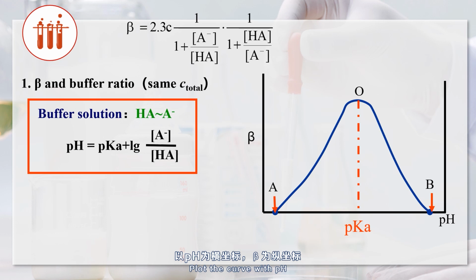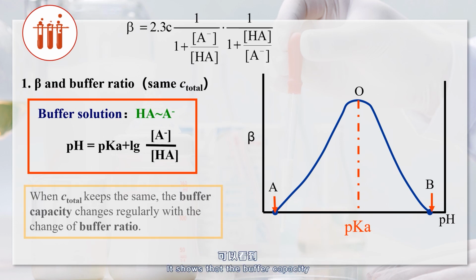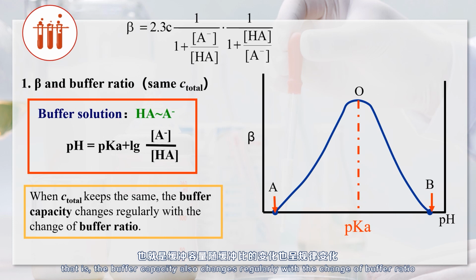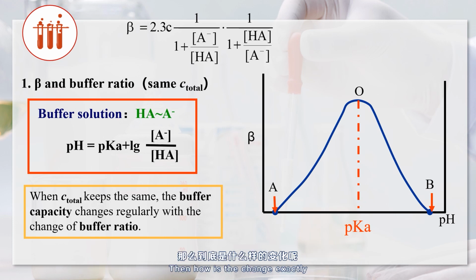Plot the curve with pH as abscissa and beta as ordinate. It shows that the buffer capacity changes regularly with the change of pH. That is, the buffer capacity also changes regularly with the change of buffer ratio. Then, how is the change exactly? Let's take a close look.